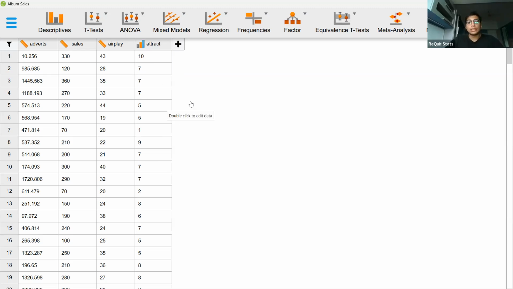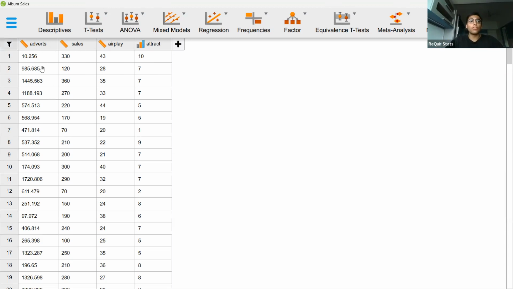So yesterday we performed a correlation analysis to test the association between advertisements and sales. So whether there was any association between advertisements and sales, and we saw that there exists a positive, significant and large association or correlation between advertisements and sales.